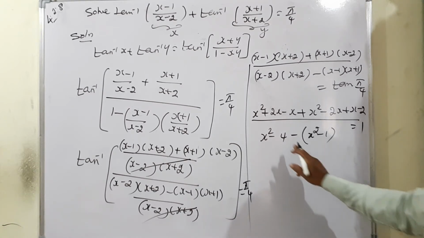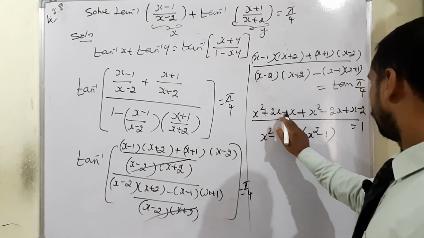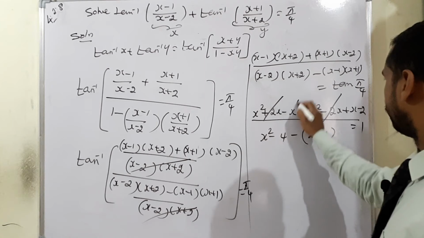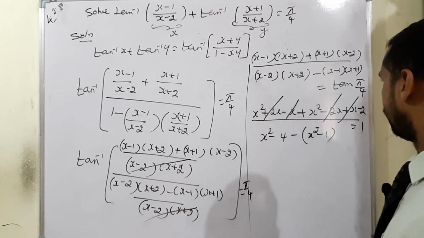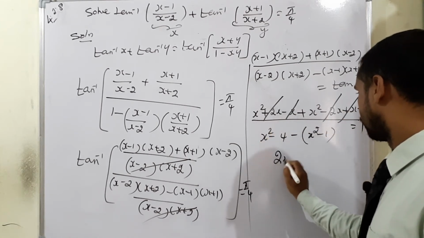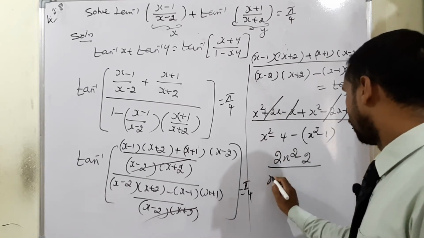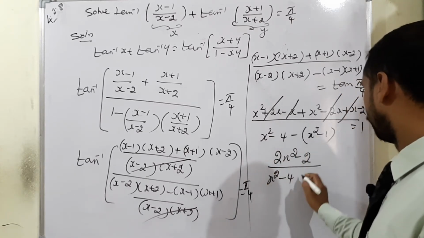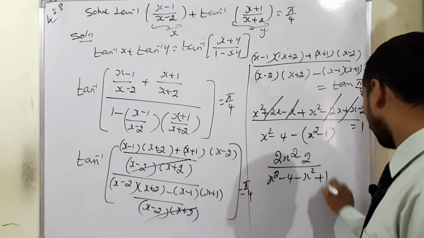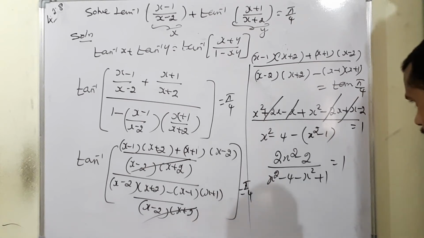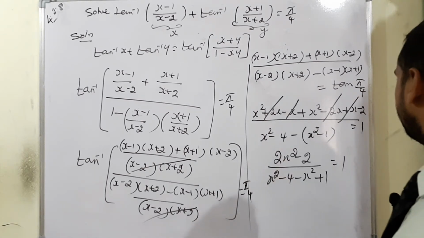Now what we have to do? In the numerator, plus 2x and minus 2x cancel, minus x and plus x cancel, x square plus x square means 2x square minus 2, divided by the denominator x square minus 4. If you remove the bracket, minus x square plus 1 is equal to 1.